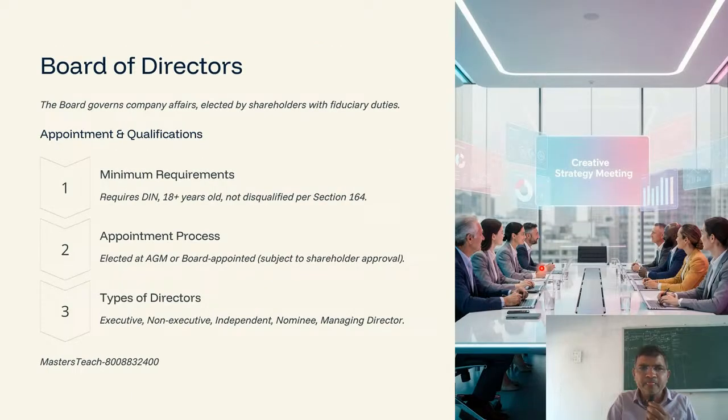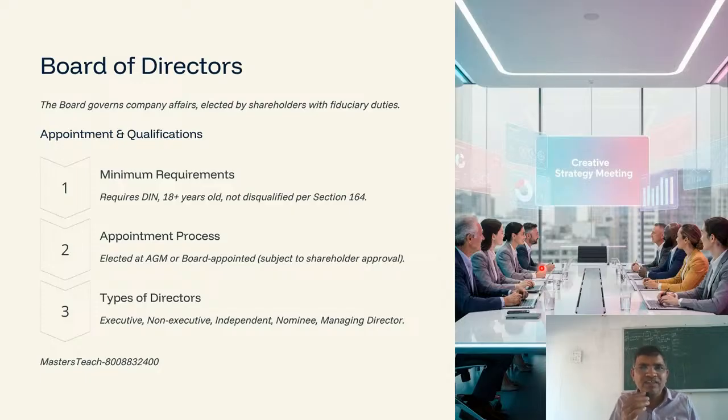And board of directors. Board of directors means they look after the company affairs. These people are elected by the shareholders and have some duties. Appointment and qualifications: you should have a Director Identification Number, that means DIN, you should be at least 18 years old, and not disqualified as per section 164.